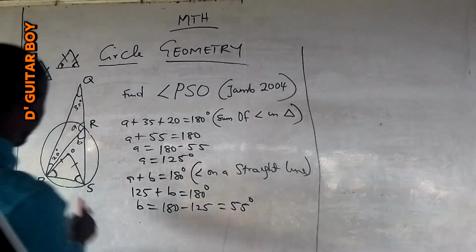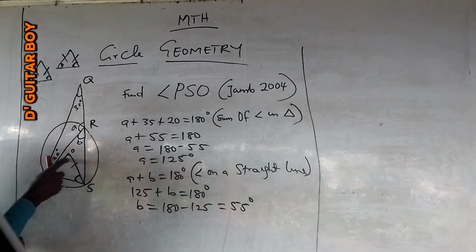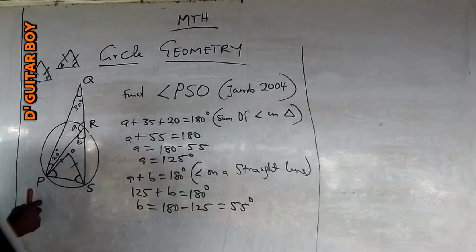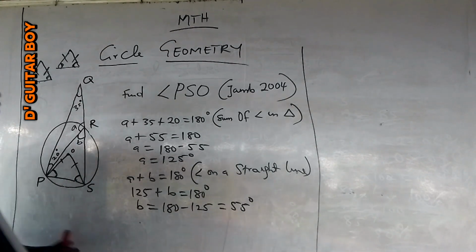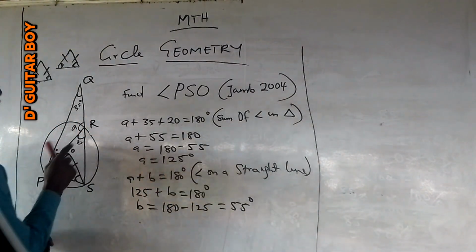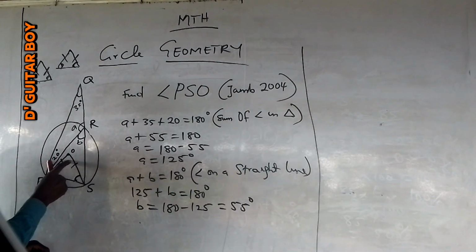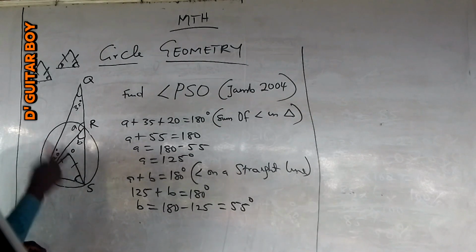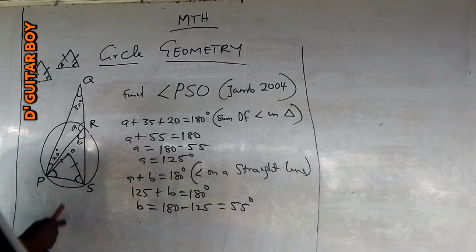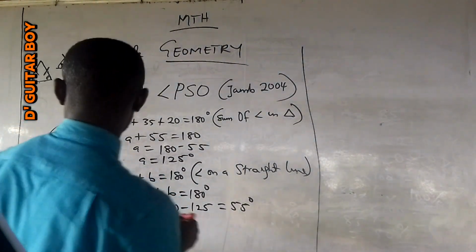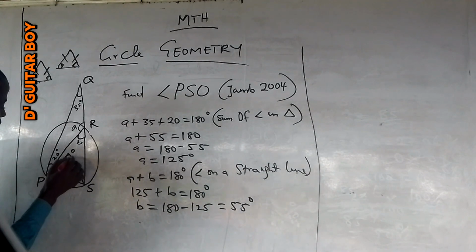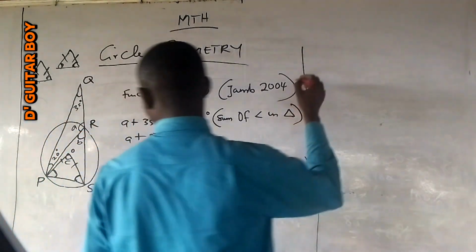So if you have something like this, what do you do? Now, if I calculate this angle, I already know this angle because it will be easy for me. How do I calculate this angle? You remember the theorem we did when we said that the angle subtended at the center is twice any angle at the circumference of the circle. So if we call this angle C, it will now be what?